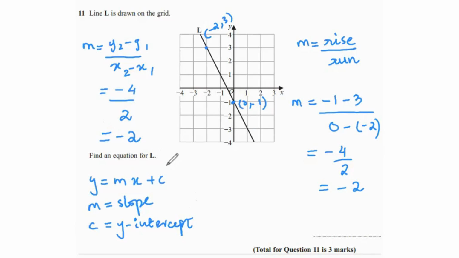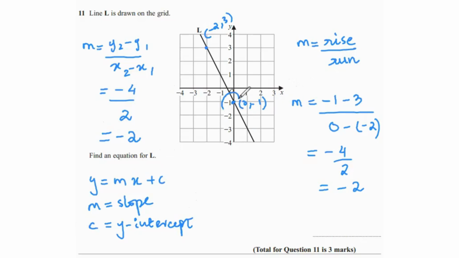So now that we have the gradient, the next step is to identify the y-intercept. The y-intercept is the point that passes through the y-axis. And on the y-axis, x will always be 0. Similarly, the x-intercept is the point that passes through the x-axis, and on the x-axis, y will be 0.